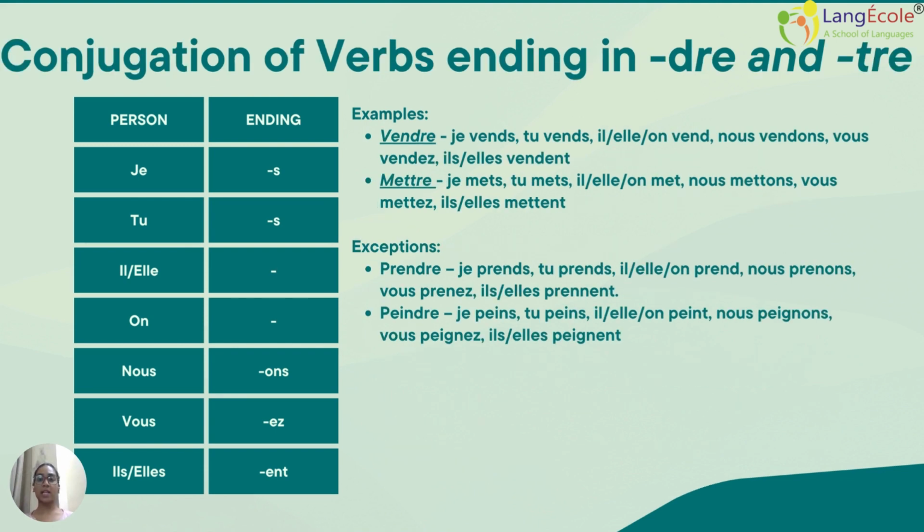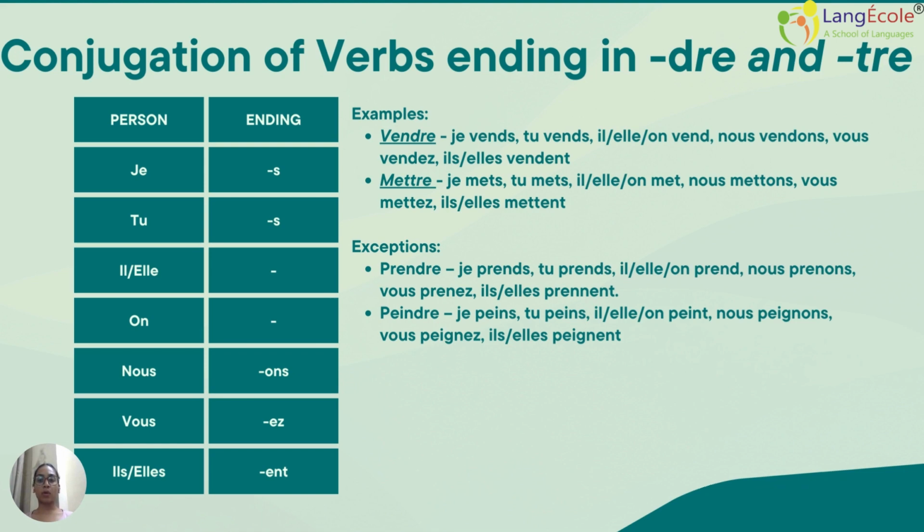The next are verbs ending in DRE and TRE. Now they are conjugated similar to the RE ending verbs, but for il, elle, and on, the DRE and TRE endings are simply removed and no other ending is added.